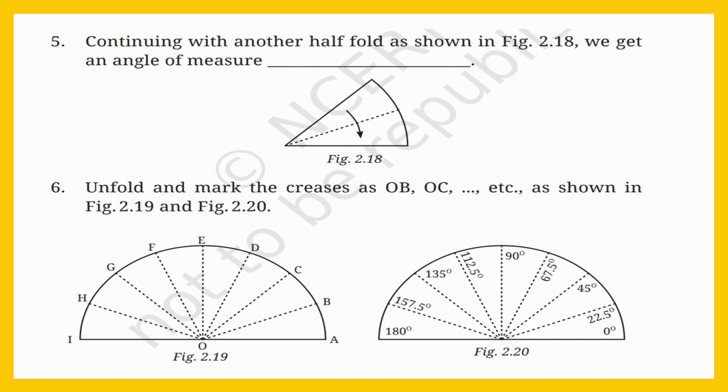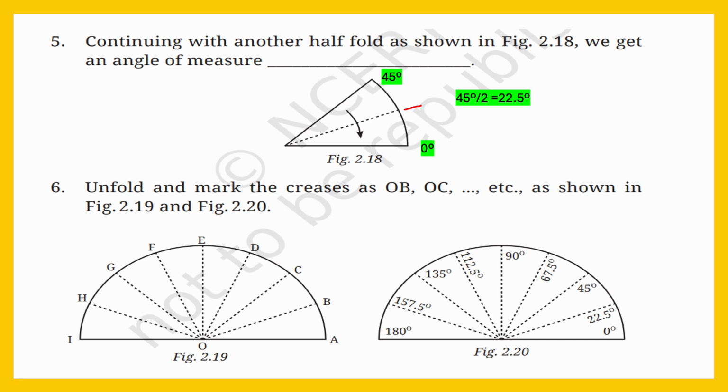So continuing with another half fold, we get an angle of measure. See, here we have 0 degree and here we have 45 degree. So again half fold. So what will be the measure here? 45 degree. Half of 45 degree, that is 22.5 degree. So here you have 22.5 degree.